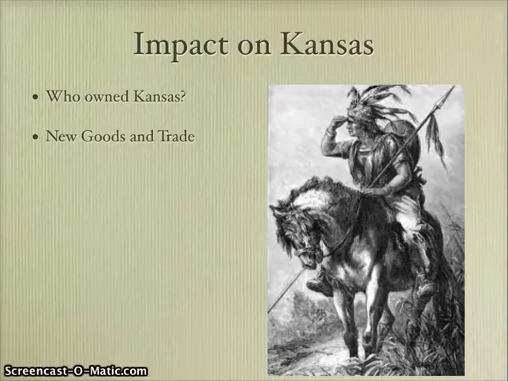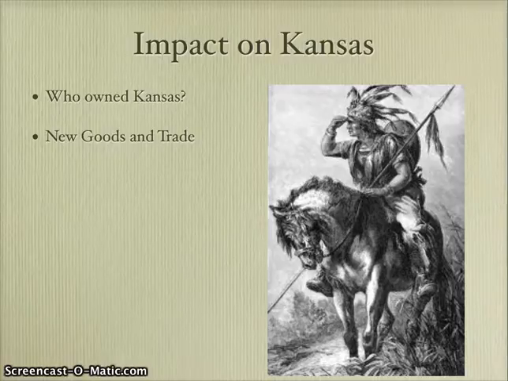And that's going to create problems later on for the indigenous people that live here because the U.S. is going to purchase some of this land from the French. The question becomes, what about the indigenous people that are here?